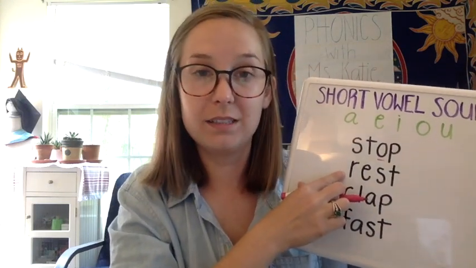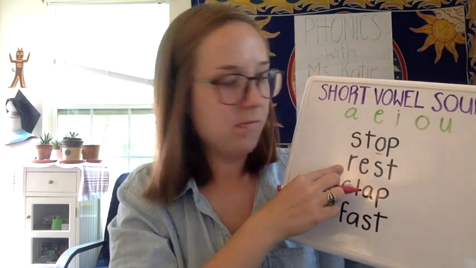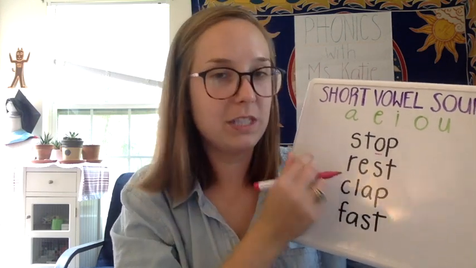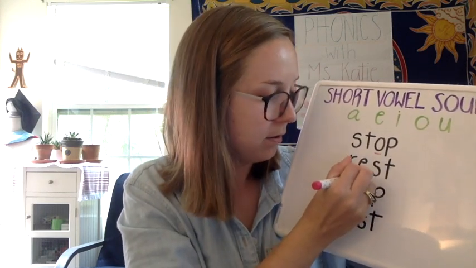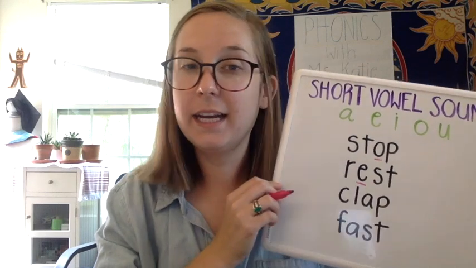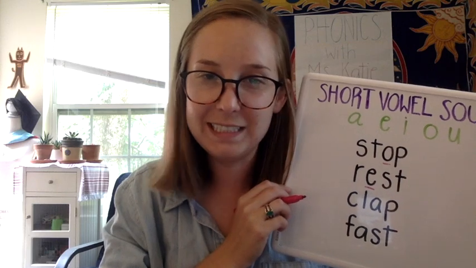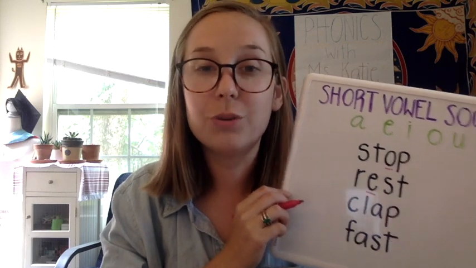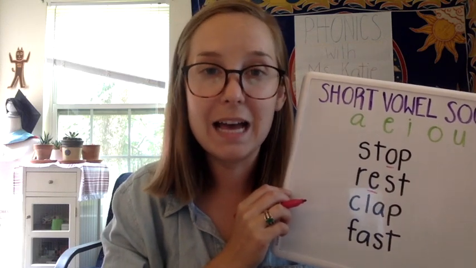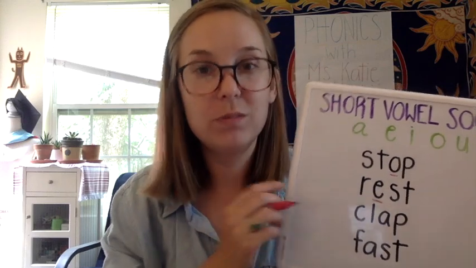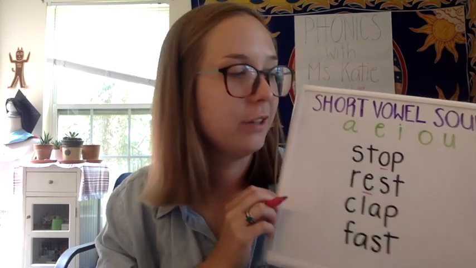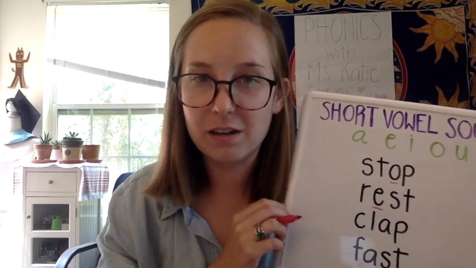It's rest. And our vowel is the E. And again, it's not a long E. We're not hearing that E say its name. It is a short E. It's rest, right? It's a little tricky, but the more you think about it, it gets a little easier to hear.